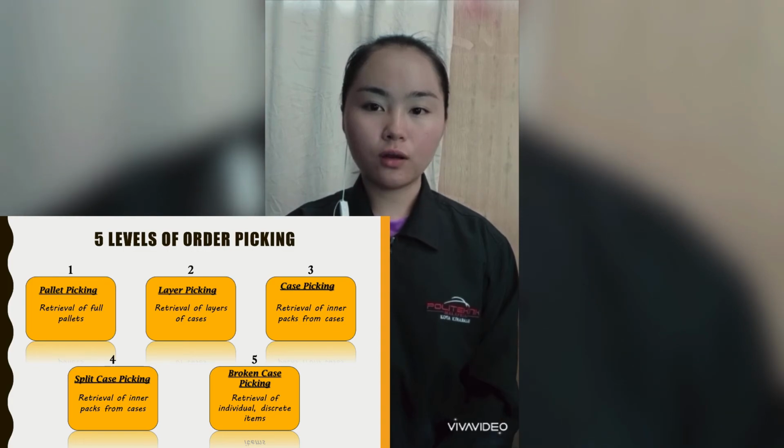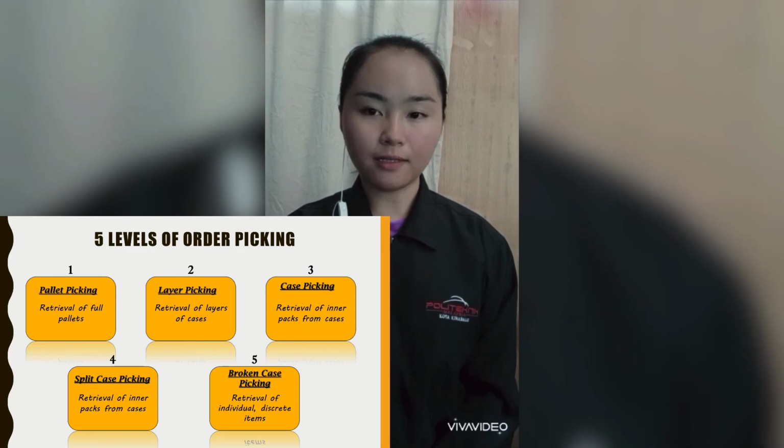Number 2, layer picking, retrieval of layers of cases. Number 3, case picking, retrieval of cases. Number 4, split case picking, retrieval of inner packs from case. And the last, broken case picking, retrieval of individual discrete items.